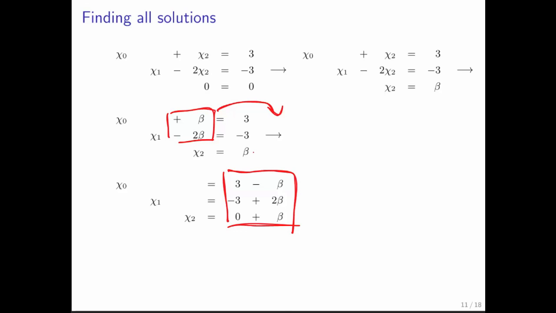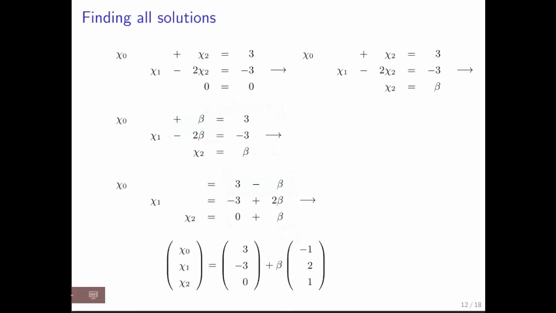I moved this beta over so that all of these betas are listed above each other. Notice that we can change that into this. This here is a vector, and this here is a vector, but each component of that vector has a beta in it, so we can bring that beta outside.